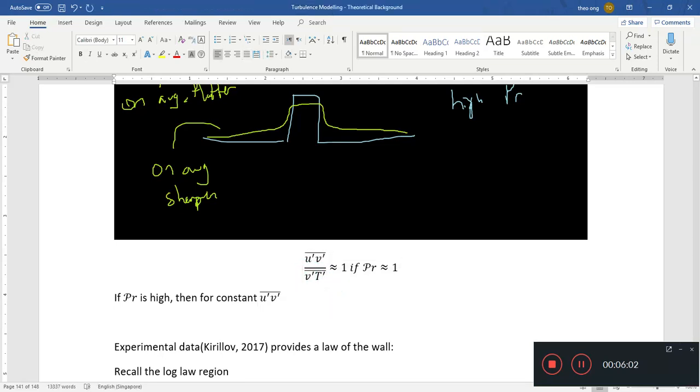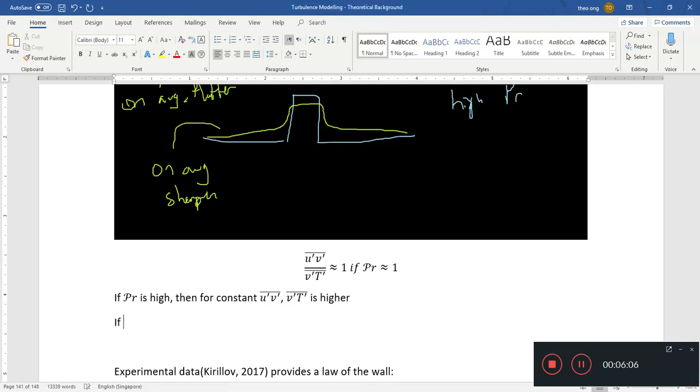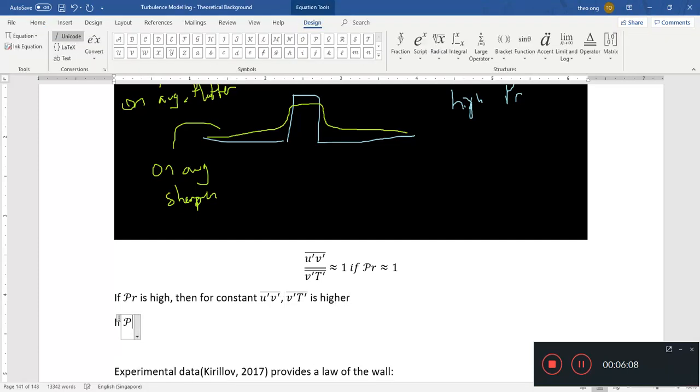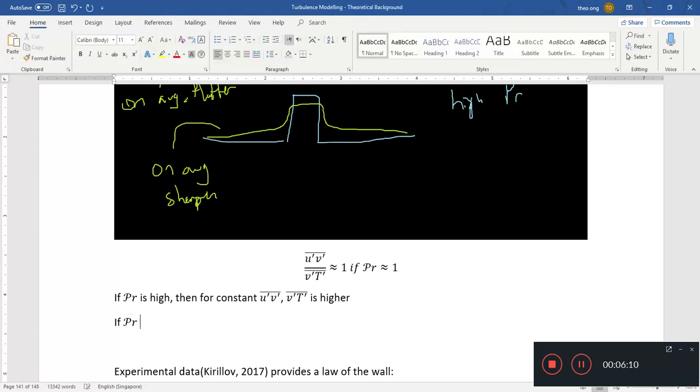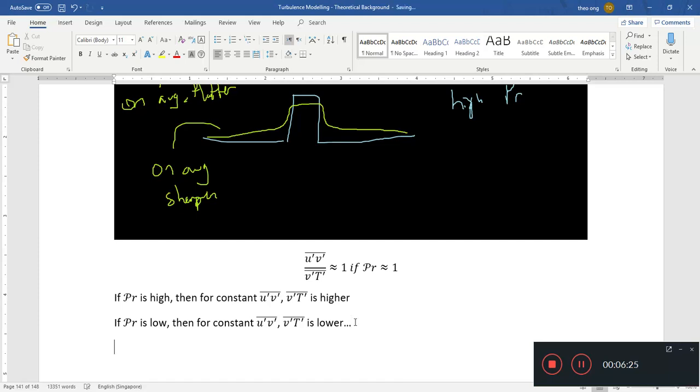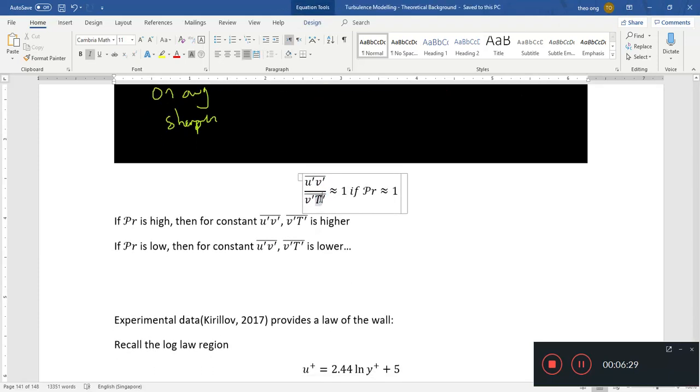If the Prandtl number is low, then for constant Reynolds stress, this temperature fluctuating term is lower. Otherwise, if they are more or less equal, you can just assume it's 1.